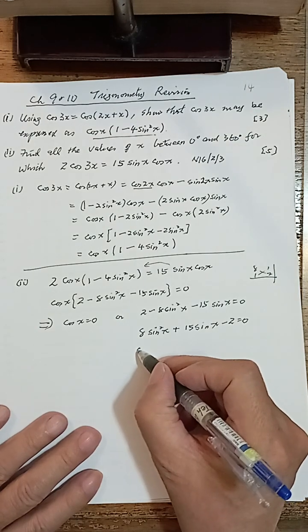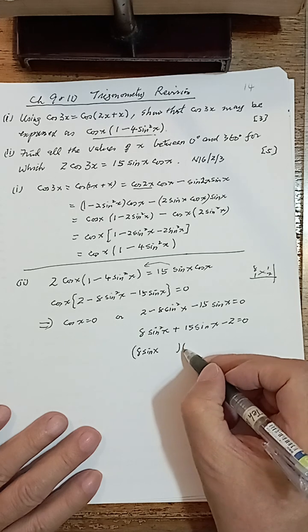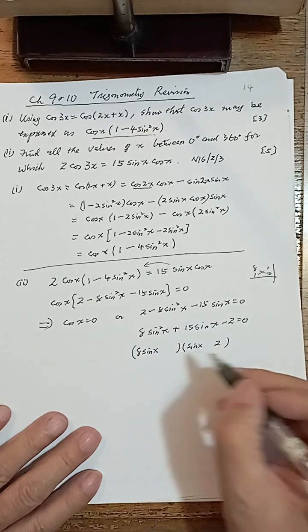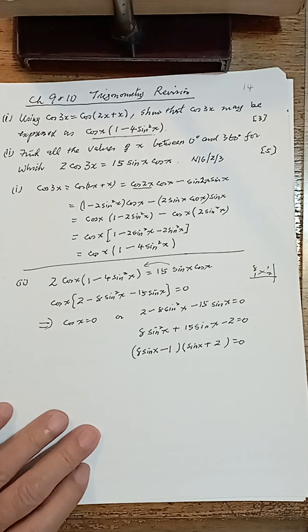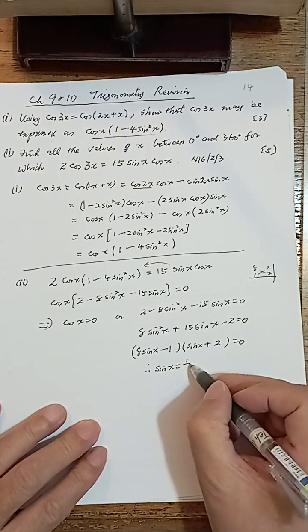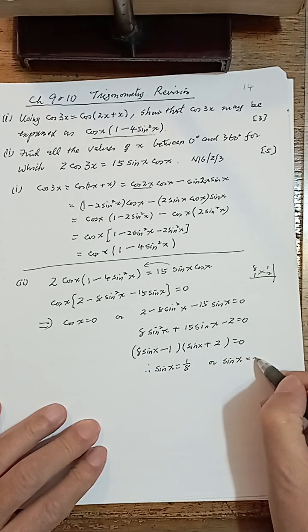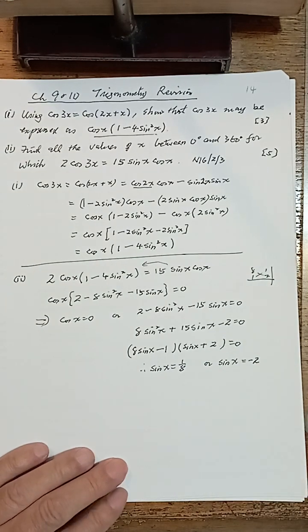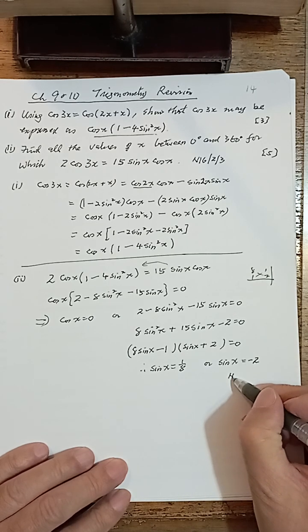So we can put here 8 sine x and sine x, here 2 and 1, so plus and minus, equal to 0. Therefore, sine x will be equal to 1 over 8, or sine x will be equal to minus 2. And sine x equal to minus 2 has no answer, because the value of sine x is between 1 and minus 1.